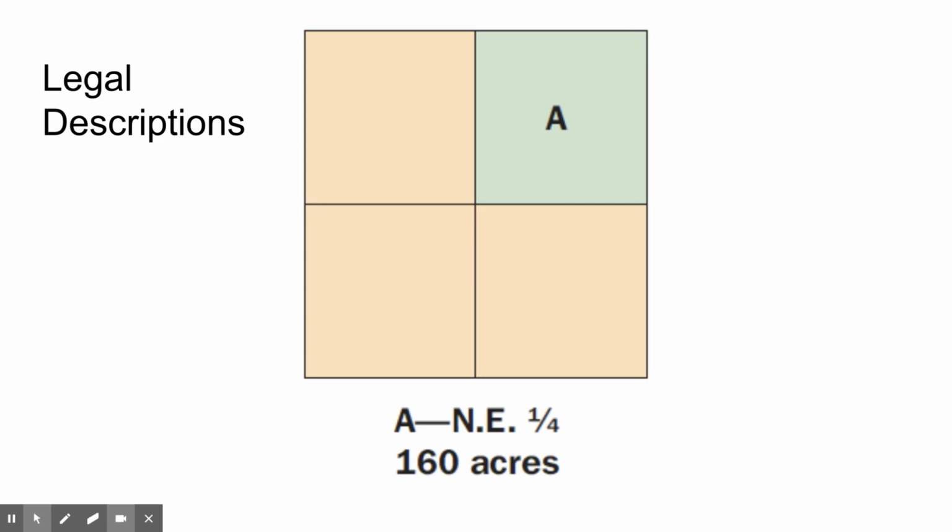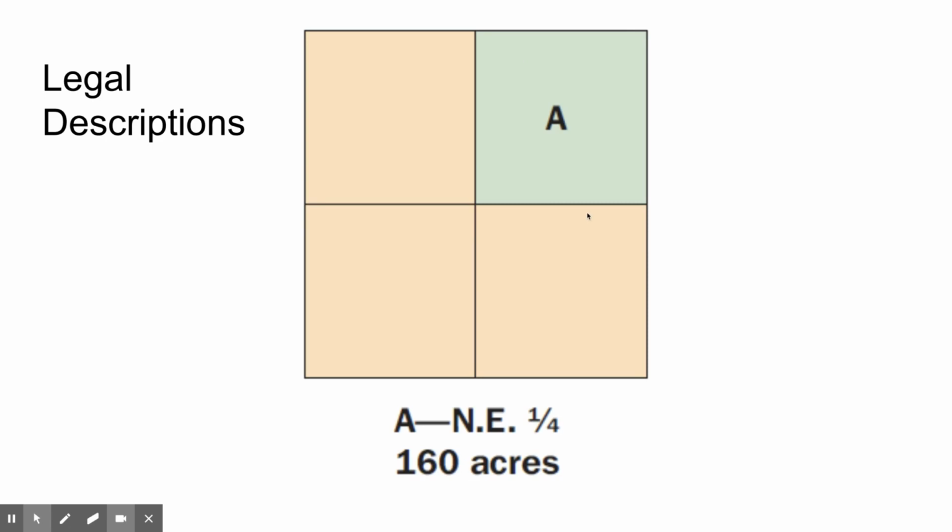We're going to start, and unless you own the whole section, it's pretty simple: then you own section 2 of range 3 east, tier 4 north, or whatever. But most people own less than that. So in this one, they broke this section up into 4 parts, 1, 2, 3, 4. We can say that this is a quarter, 1/4 of this whole section.